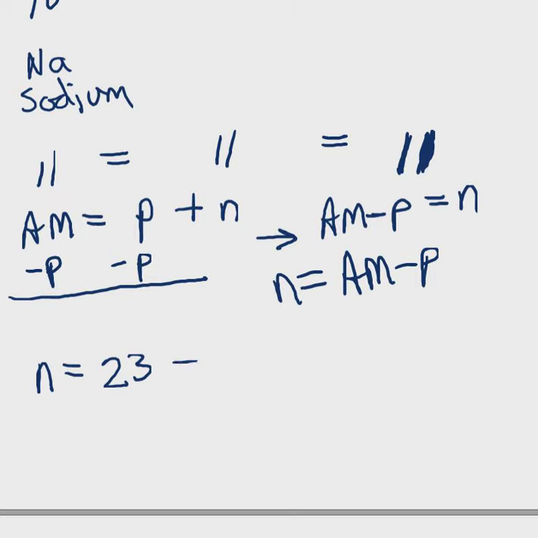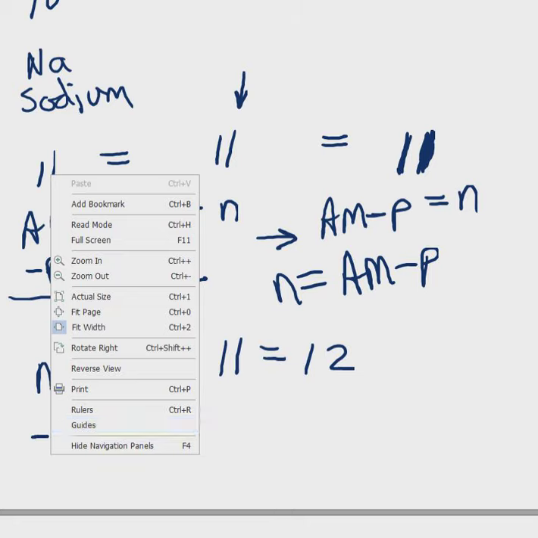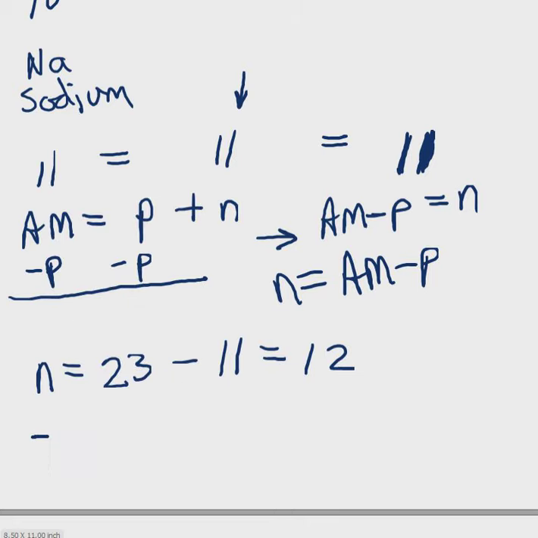The number of protons equals the atomic number. So 23 minus 11, which equals 12. So electrons for sodium equals 11.